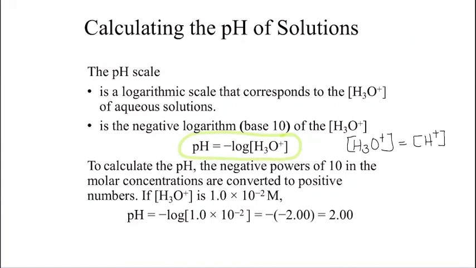So for example, if you're trying to find the pH of a solution that has a hydronium ion concentration of 1.0 times 10 to the negative 2, the pH will be the positive value of that exponent. So the pH of that is going to be 2.